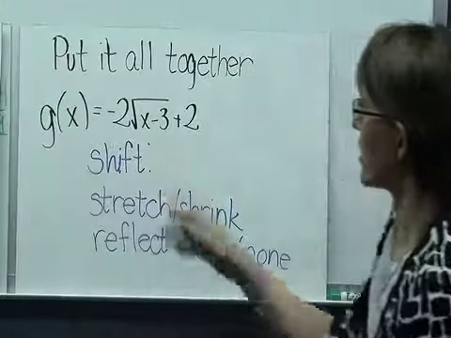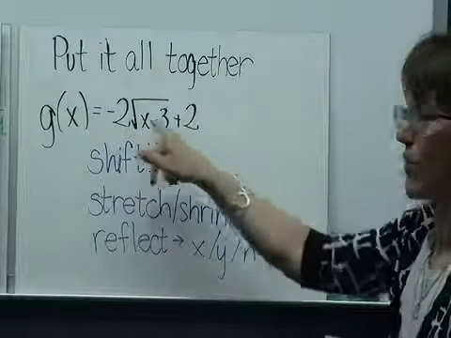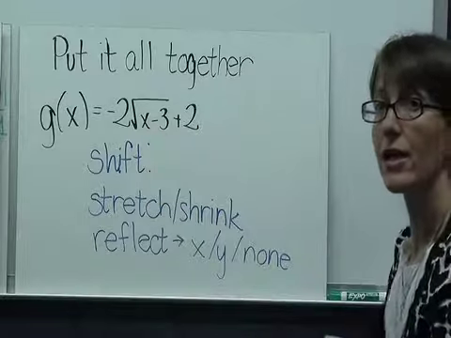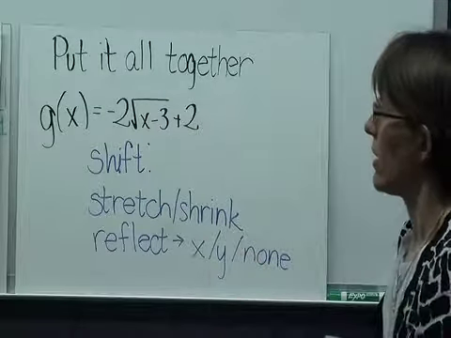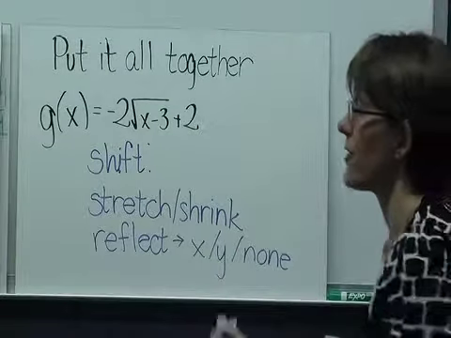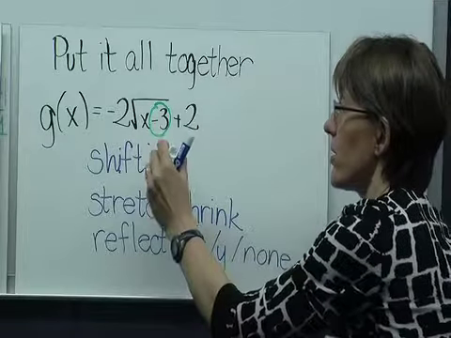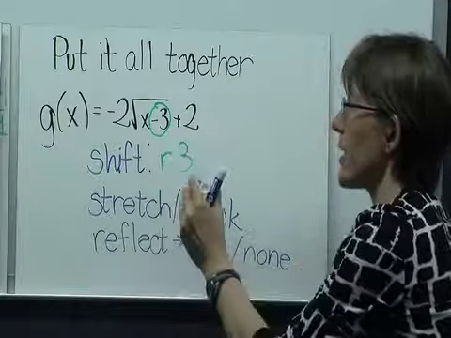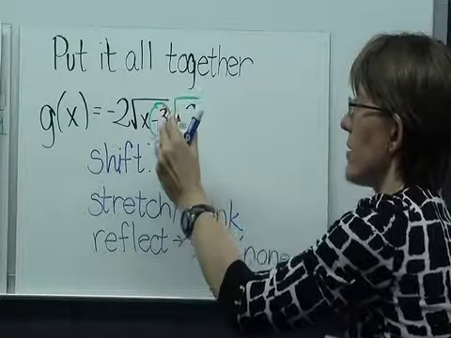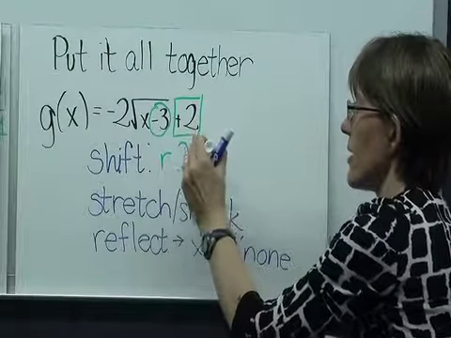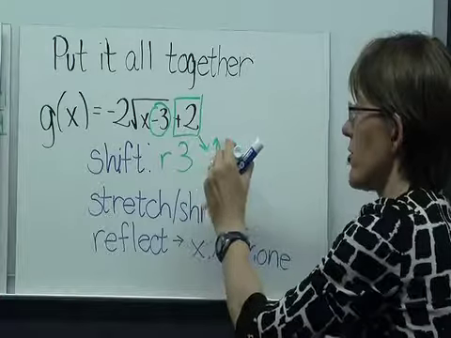Okay, and our final slide asks us to put this all together. I have a square root function here, a lot of stuff going on. I notice that this has a shift. The negative 3 is going to make it go to the right 3. The positive 2 is going to mean that it moves up 2.